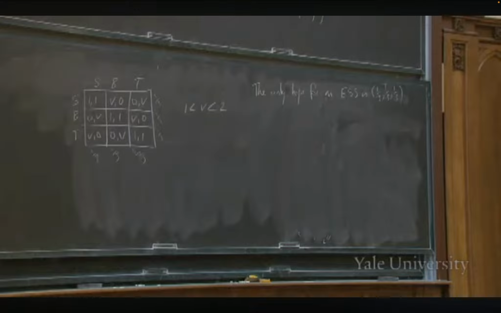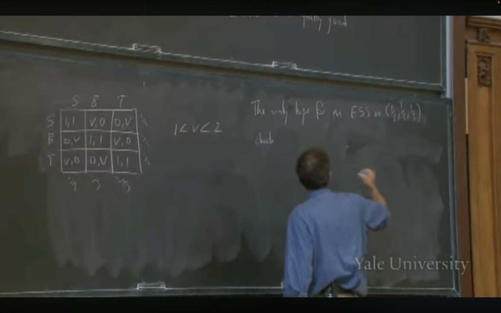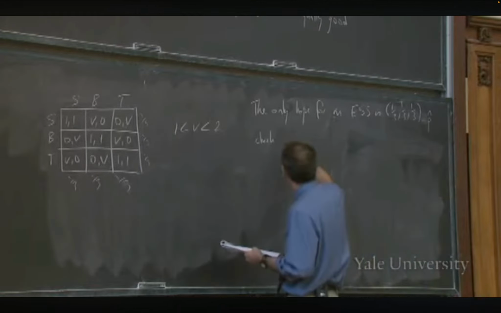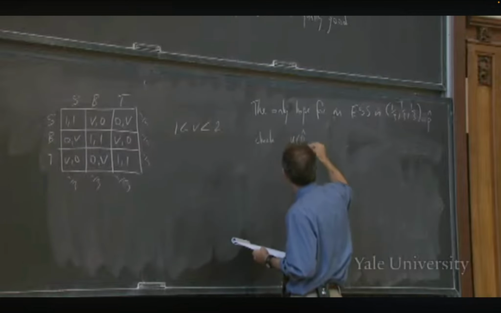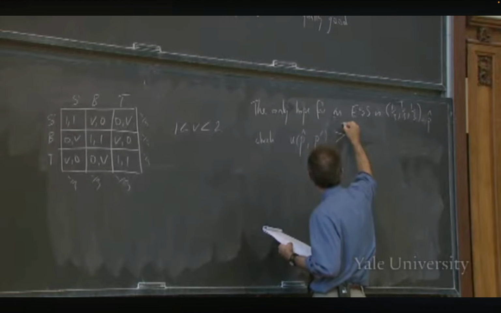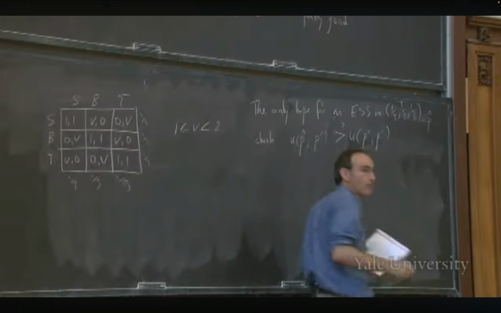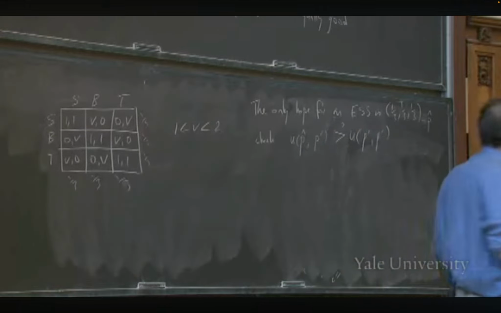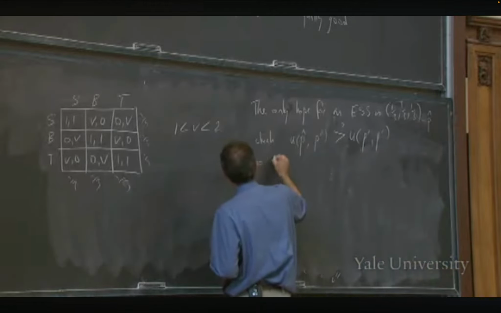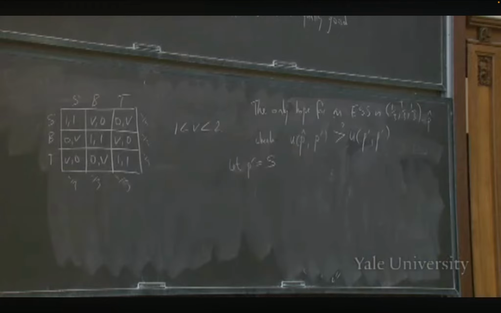So if this is an ESS, we'd have to check that, let's call this p hat again, like we've been doing, the payoff from p hat against any other p prime would have to be bigger than the payoff from p prime against itself. We need that to be the case. All right, so let p prime be scratch.